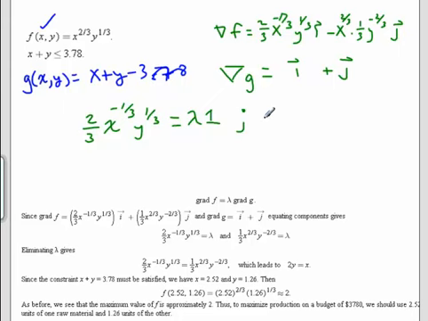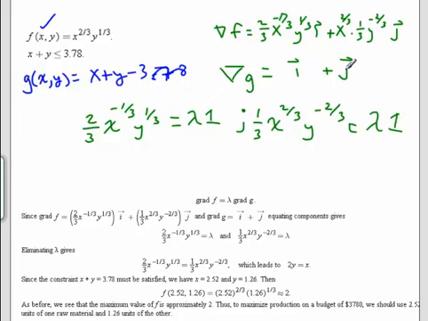And this should have been a plus here. And we know that x to the 2/3 with a 1/3 in front, y to the negative 2/3 equals lambda times 1. So this is the j component of grad f, and this is the j component of grad g.